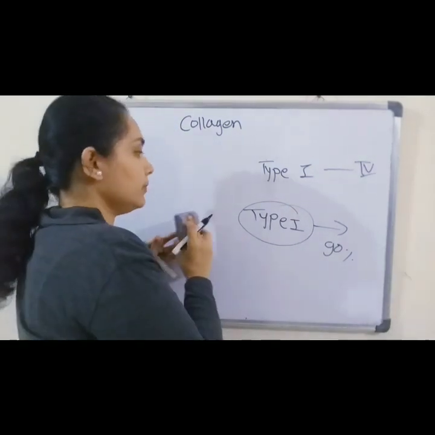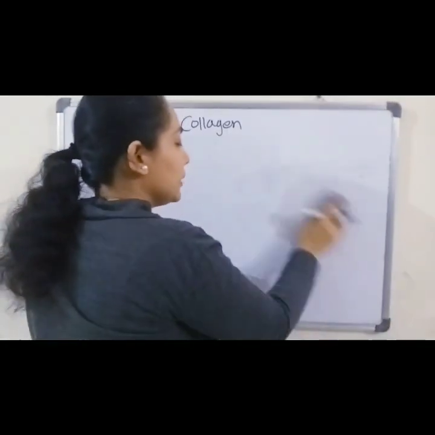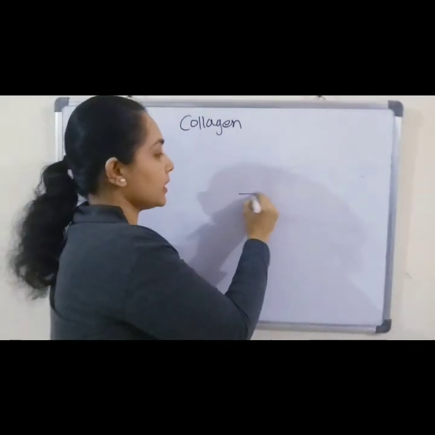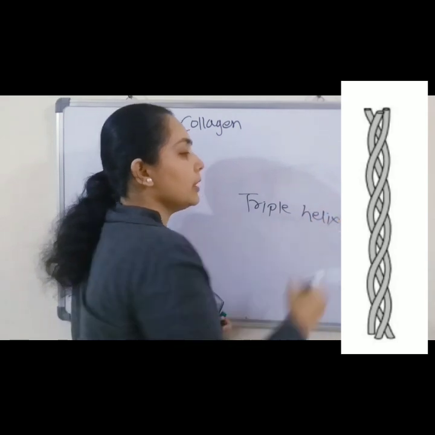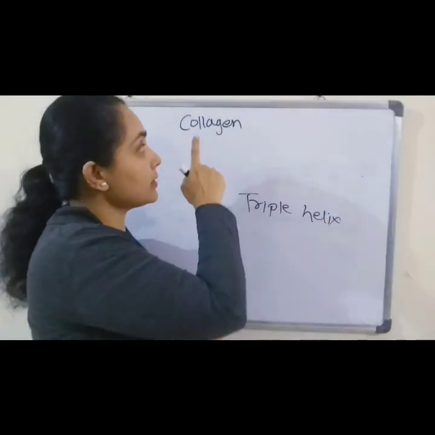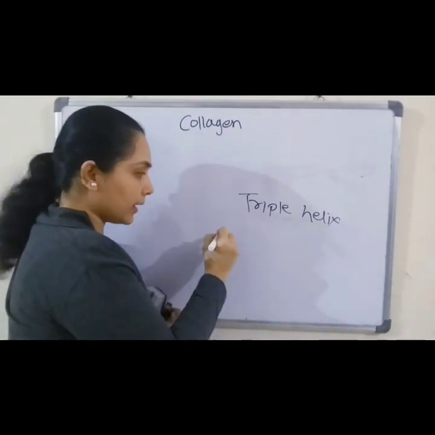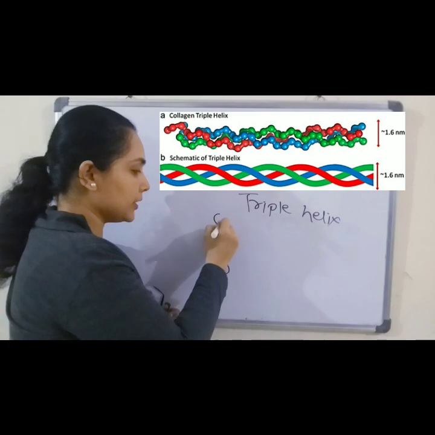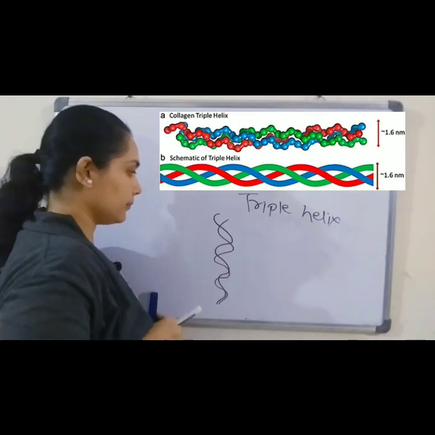This collagen protein is unique as compared to other proteins. Why? Because here the secondary structure is a triple helix. What is a triple helix? A triple helix means three polypeptide chains are coiled around each other.